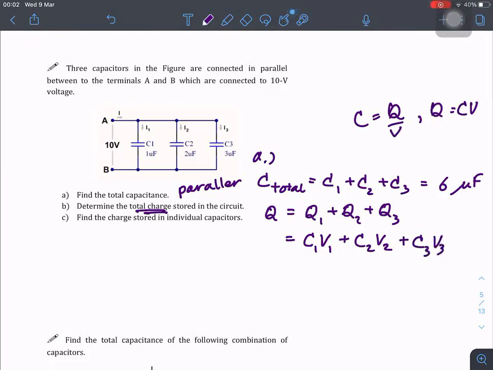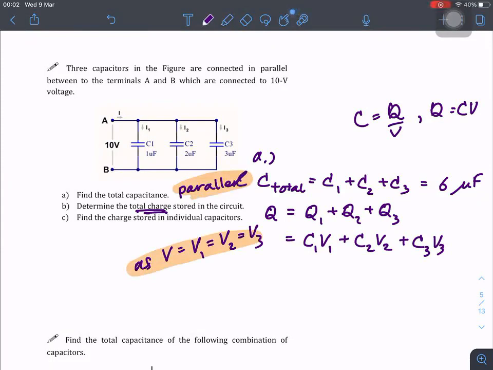But we can then see that V equals V1, equals V2, and equals V3 because all the capacitors are in parallel.